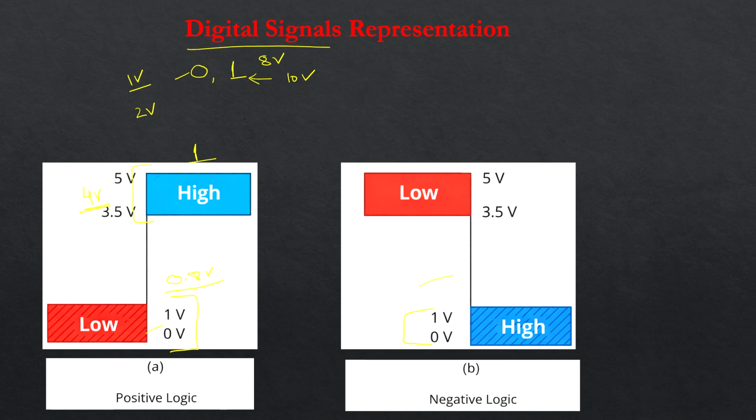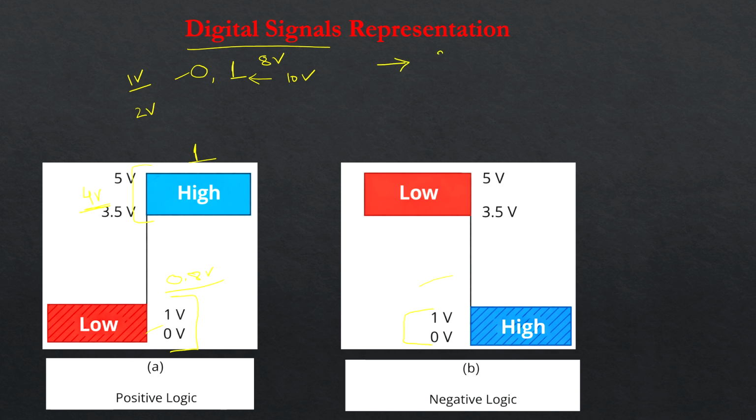Now just briefly we can say that if the low voltages represent 0 and high voltages represent 1, then it would be a positive logic, and if the low voltages represent 1 and high voltages represent 0, then it would be a negative logic. Now take an example.